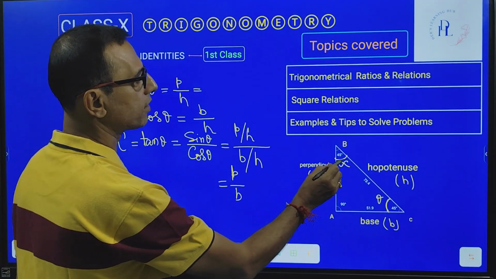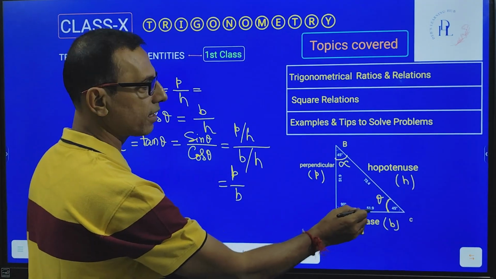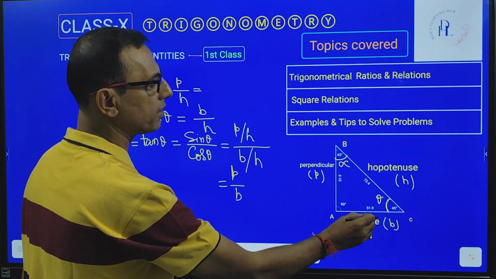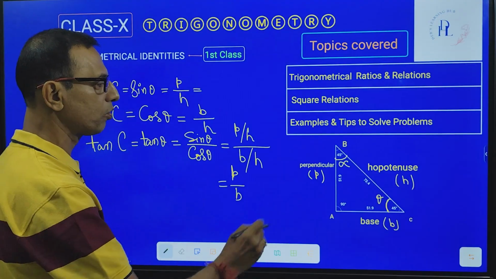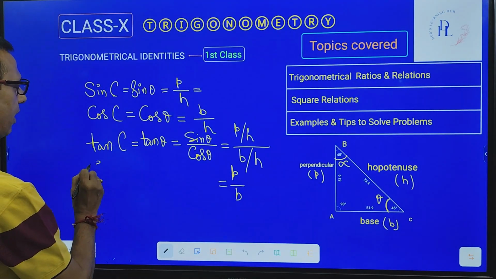In that case we will consider this base in the same triangle as the perpendicular, and this perpendicular we will consider as the base.